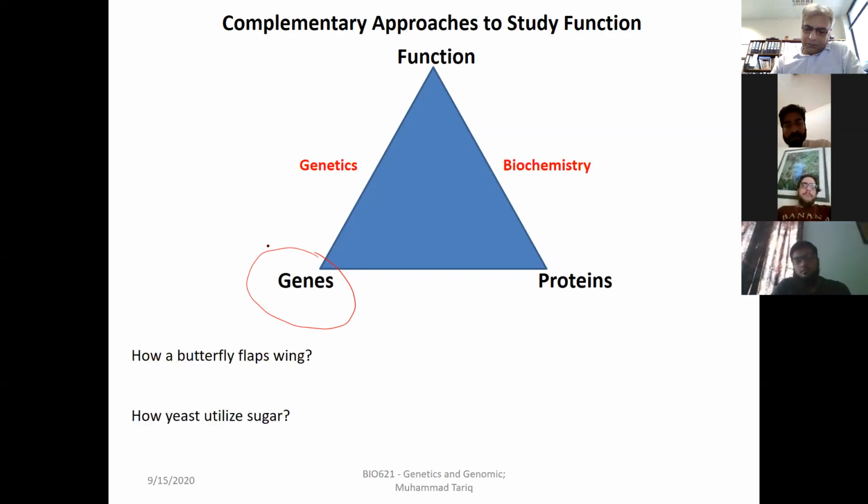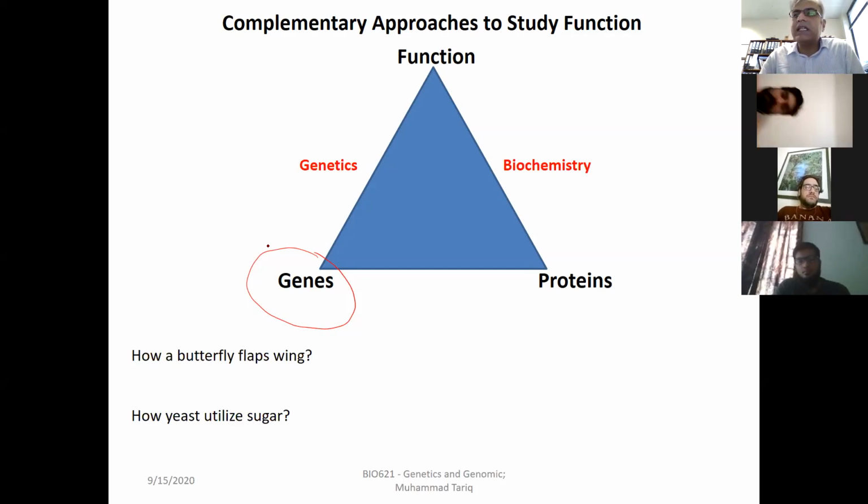For example, the question you are interested in is how a butterfly flaps its wings. Now, as I said, there are two approaches. One is the biochemical approach. The other is the gene-based or genetic approach.